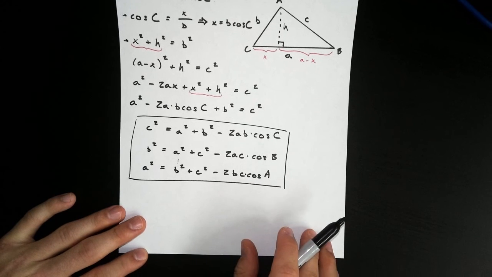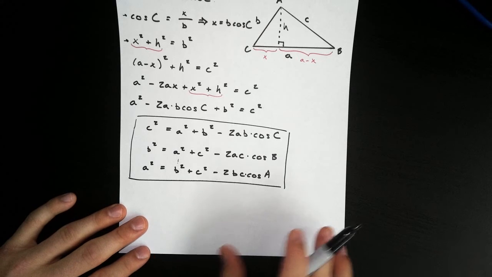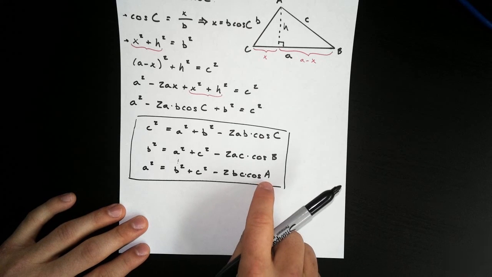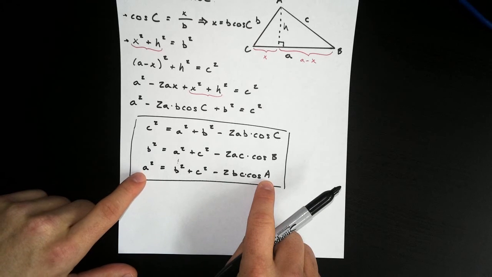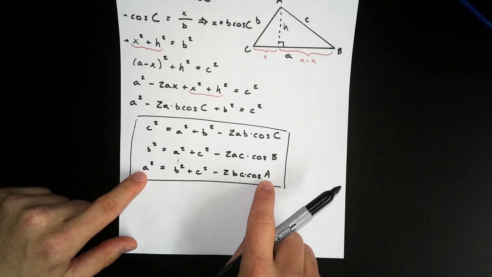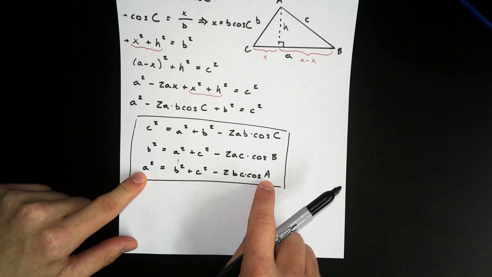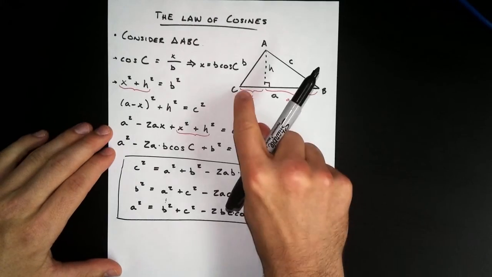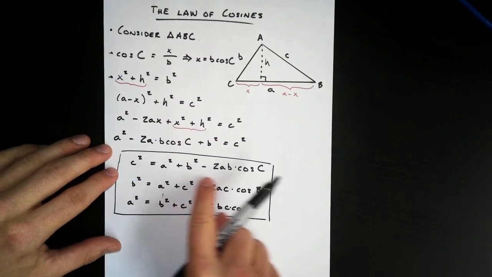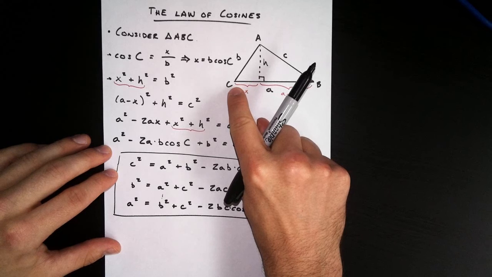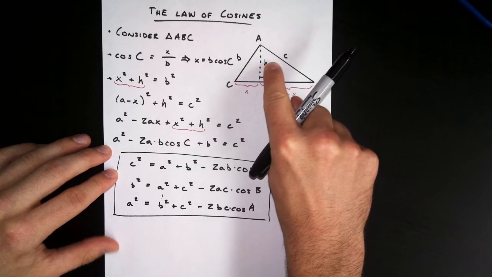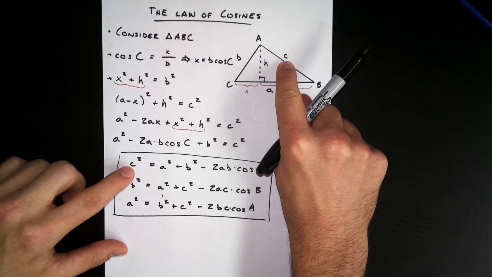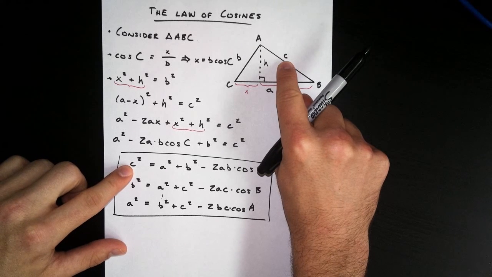So when deciding how you want to fill in your equation and do your substitution, the angle that you are given, or the angle that you want to find, the side that is across from that is the side that needs to be all by itself on one side of the equal sign. So if we look at our picture here with this first equation, here's angle C. This was the angle I decided to use. Across on the other side of the triangle is side length C, so that's the one that's all by itself.